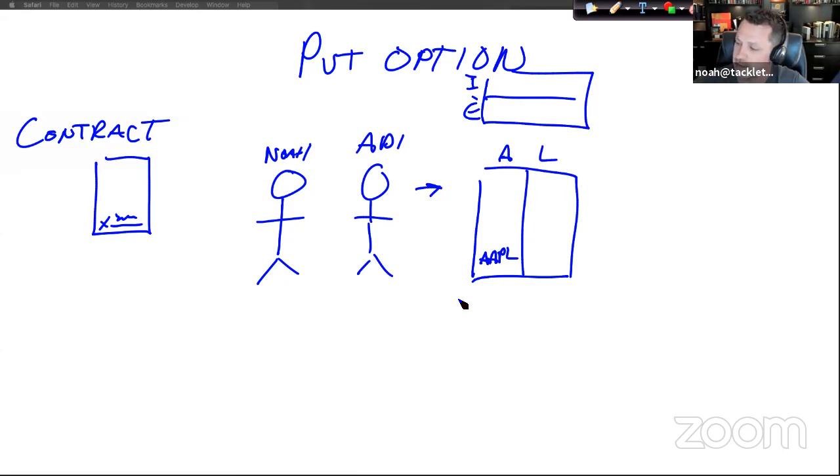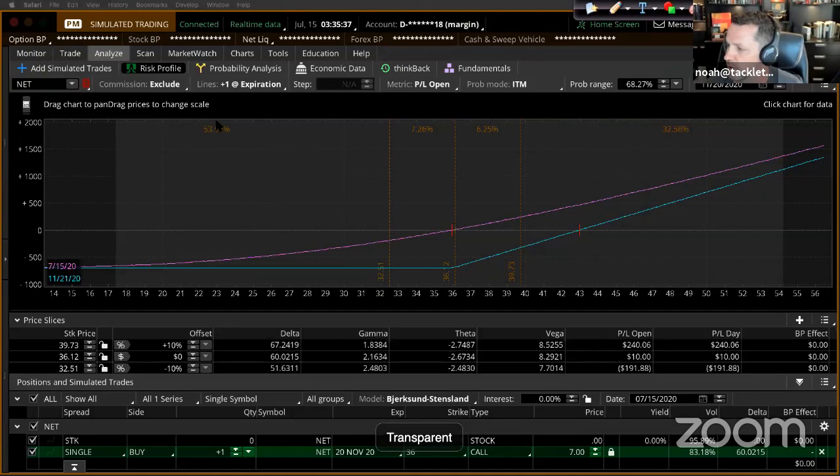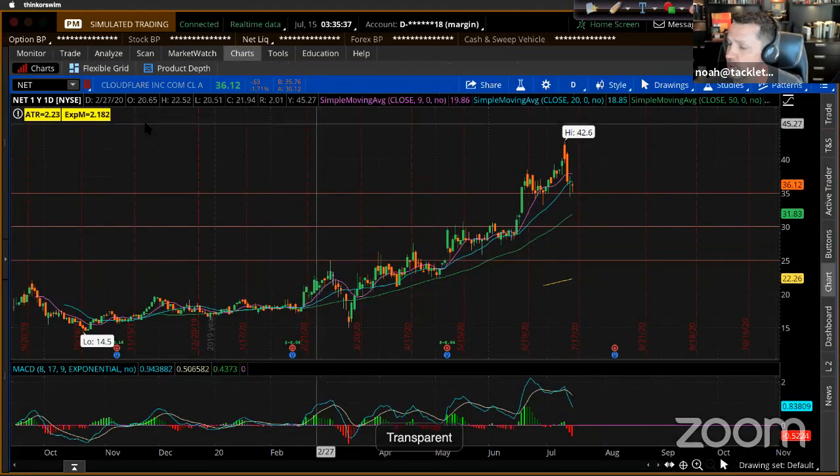And so Adi can buy this contract. He can buy a contract, we'll just put a little picture of the contract in there, and we'll call it an Apple put, an AAPL put. So he can buy that contract. Now, just to kind of paint the picture here, Apple does have earnings coming out.